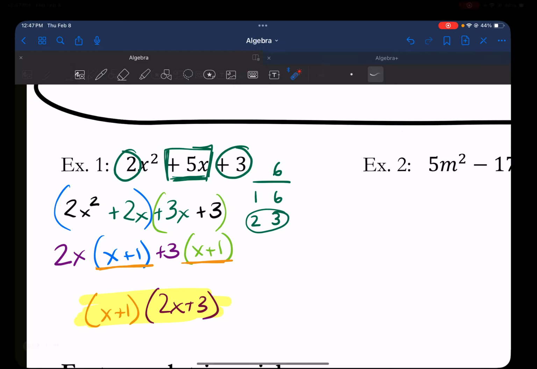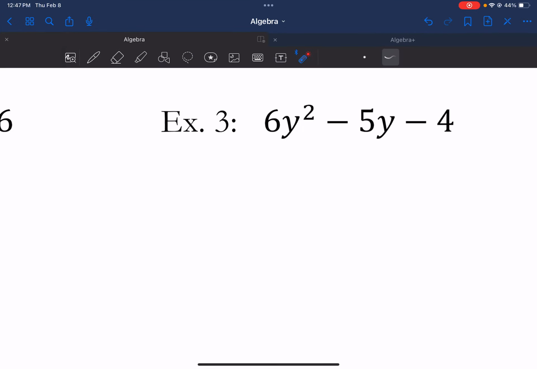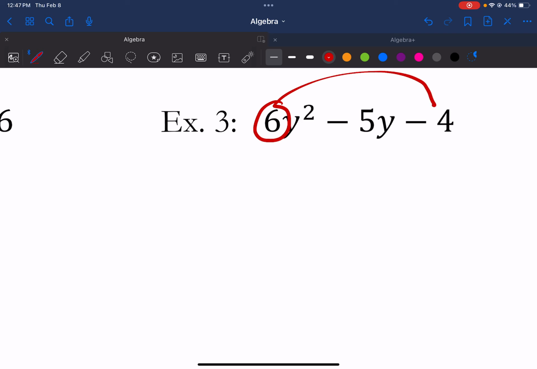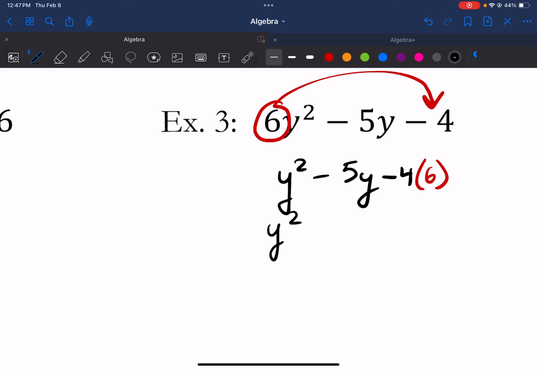Example number 3 is going to be slip and slide. We are going to slip the 6 and multiply it to the negative 4. So I'm rewriting my problem now. It's y squared minus 5y, and we're going to make this a negative 24, since negative 4 times 6 gives negative 24.